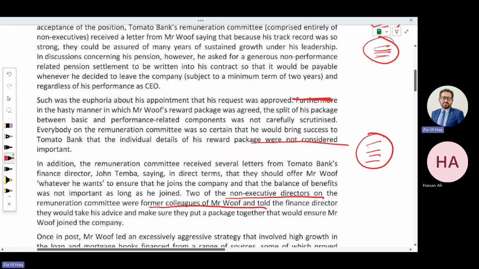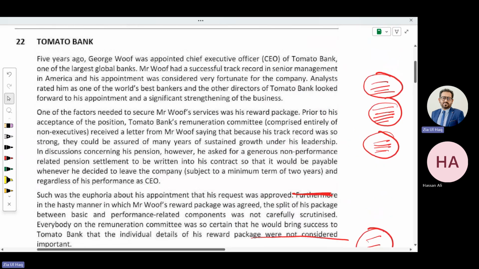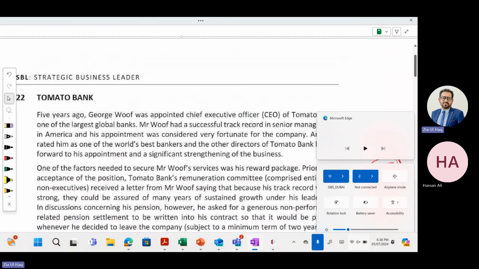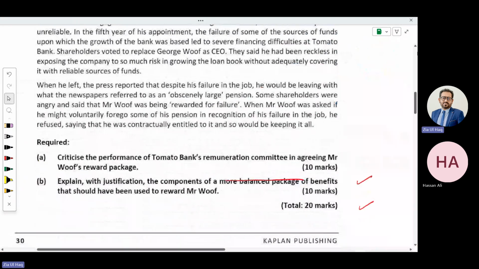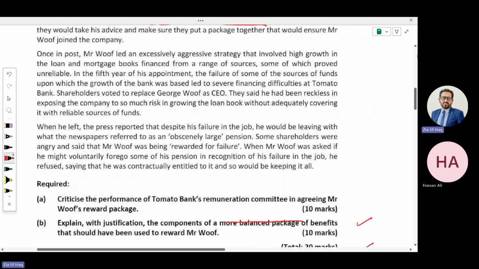And finance directors involved, also affecting independence. And past colleague relation is also affecting independence of the remuneration committee. So we can answer in 5 paragraphs, but we need to read the complete scenario.